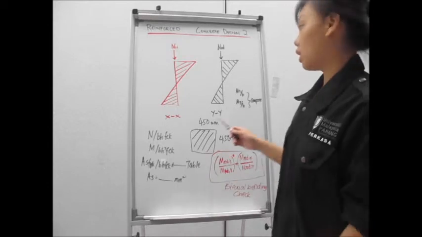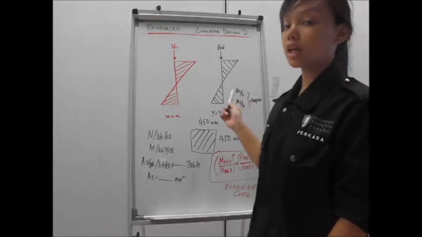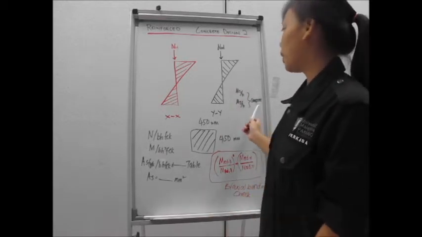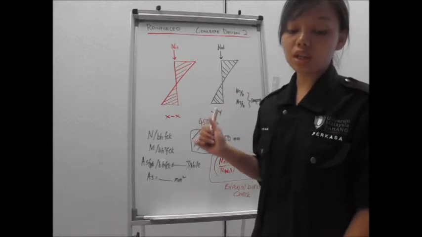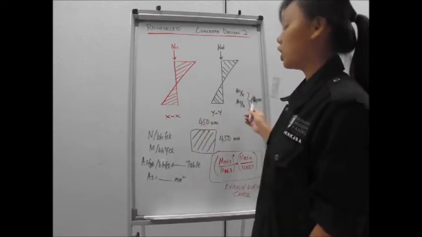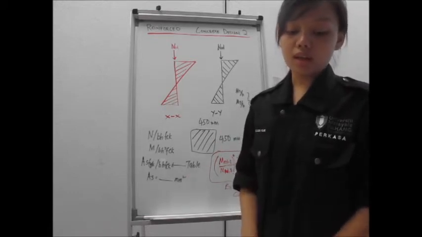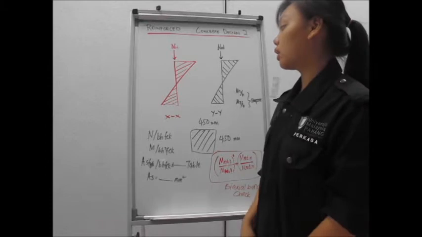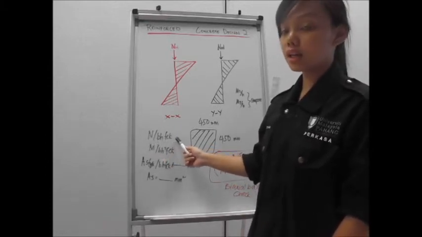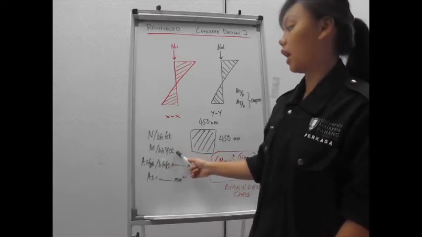After we calculate M over H for the Z-axis and M over H for the Y-axis, we compare which one is greater, and then we use the equation accordingly. Next, we calculate NED over BH FCK and MED over BH square FCK.